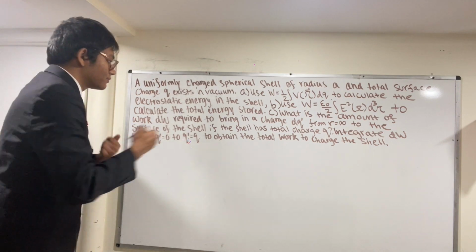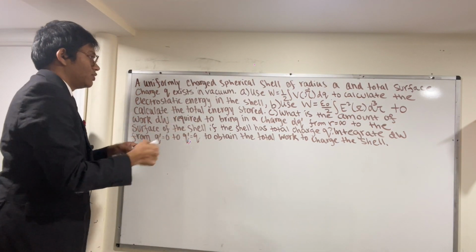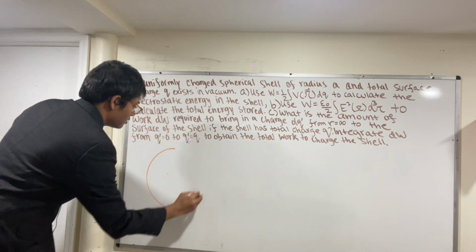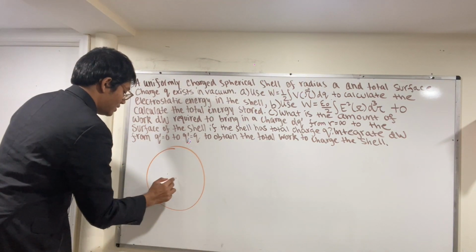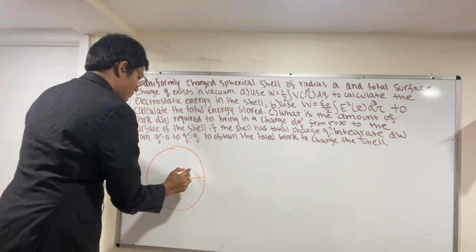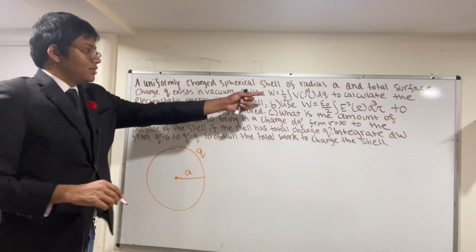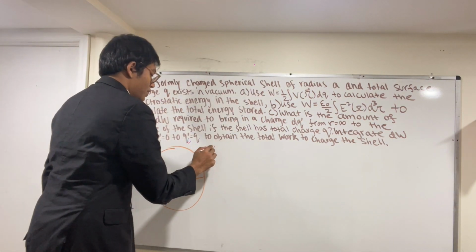Let's start with that. Here is our uniformly charged spherical shell, which has a radius of A and a total surface charge of Q. We need to use this formula.